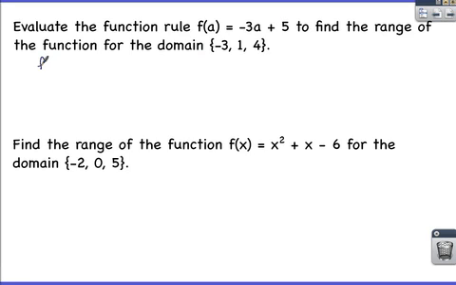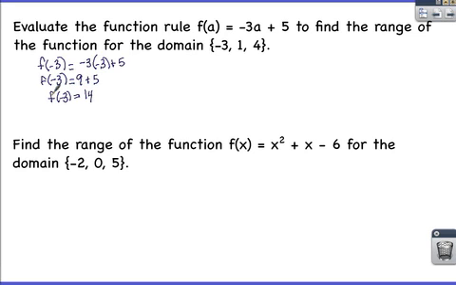So we'll begin by finding f of negative 3 by substituting in negative 3 for a. Negative 3 times negative 3 is positive 9, and f of negative 3 is 14.